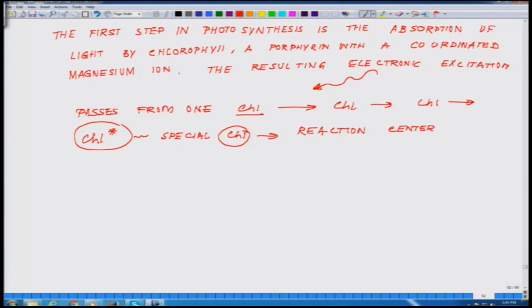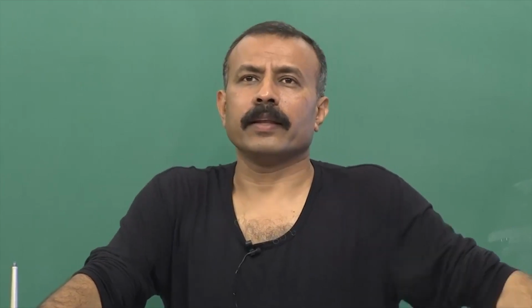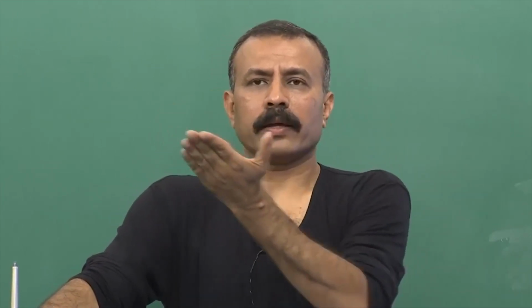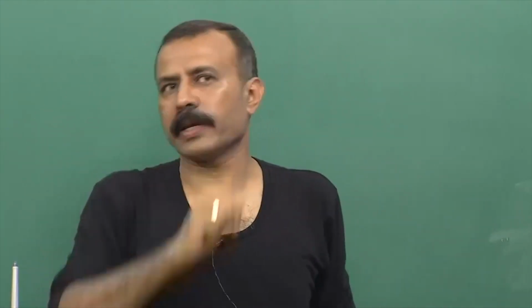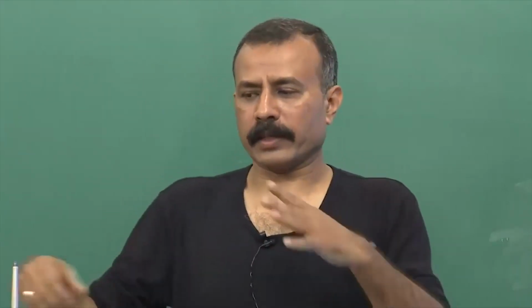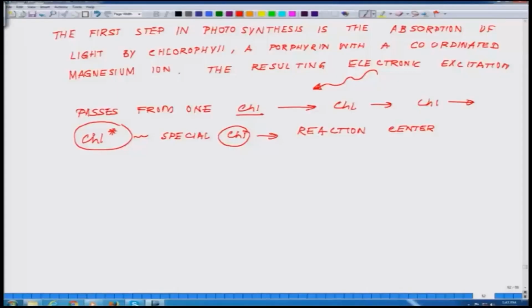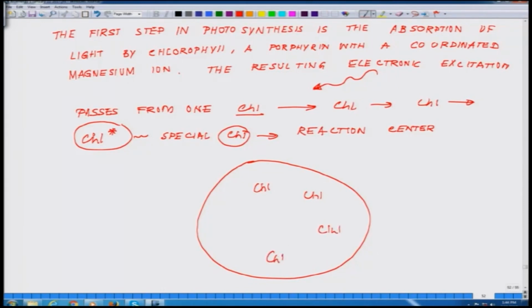And to your surprise, as of now, nobody can really tell by looking at a leaf and looking at the matrix of chlorophyll on the thylakoid membrane topographically which is the reaction center. So, just try to visualize, I am just drawing it. Okay, so for example, this is where all the chlorophyll molecules are present, each one of them is a chlorophyll molecule, CHL, CHL, CHL, CHL, CHL, okay.